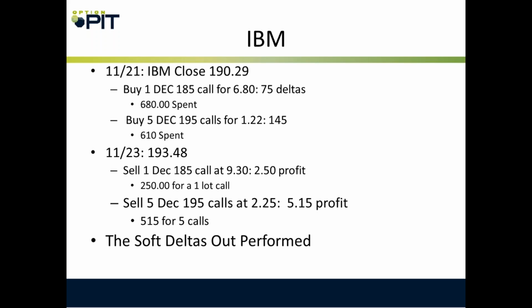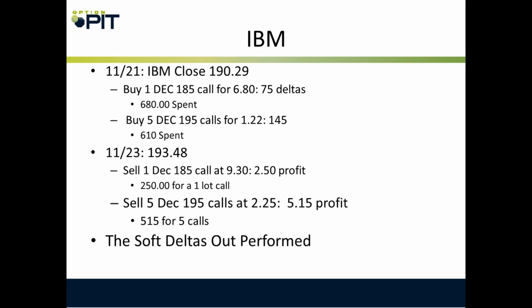And that is because of that out of the money exposure, and volatility was low. And when volatility is low, in this case, I wanted to buy at a soft delta. So obviously the opposite is true on selling.